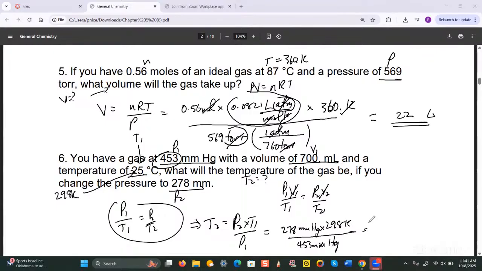And according to my calculation here, rounded off to 3 sig figs, that should be 183 Kelvin, because the millimeter mercury units will cancel out there and there. All right? Okay, any questions about this one? Any questions?